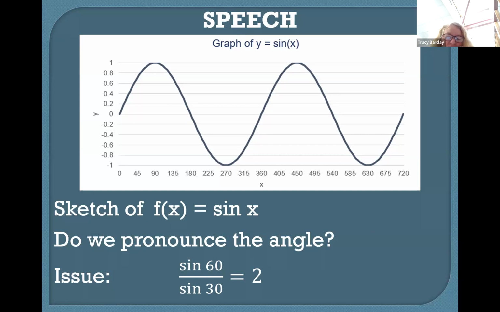Do you think that's because they don't understand that sine and 60 are not factors of each other? Oh, maybe. So the idea is you can only cancel off factors, and therefore if you put brackets around those because they're not factors, maybe that would get rid of that issue.